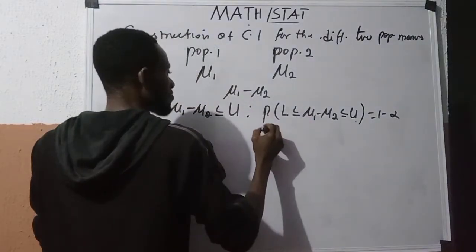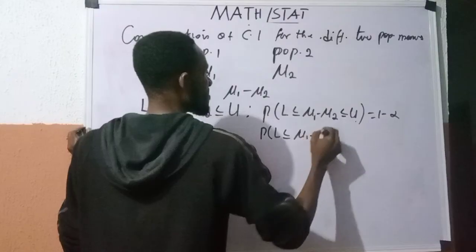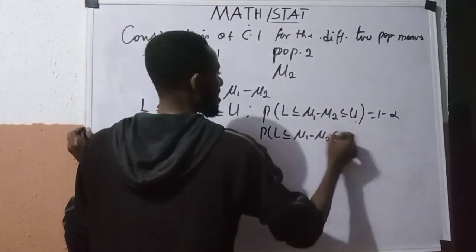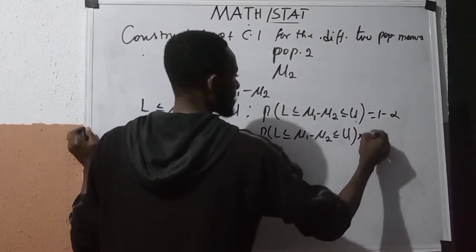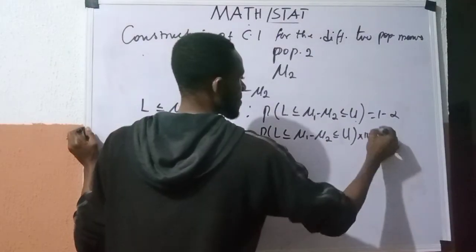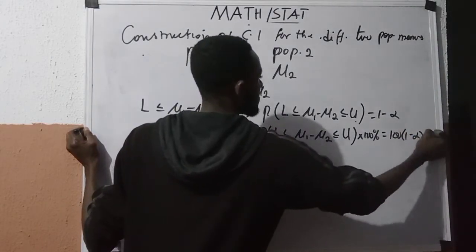Or you can still have it as P of L less than or equal to mu 1 minus mu 2 less than or equal to U, close the bracket, times 100%, which is 100 into 1 minus alpha percent.